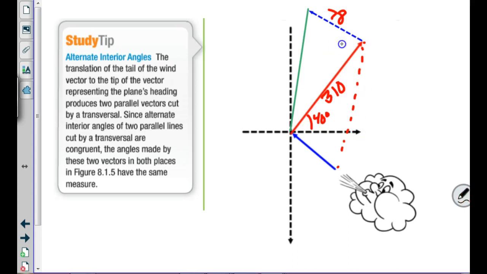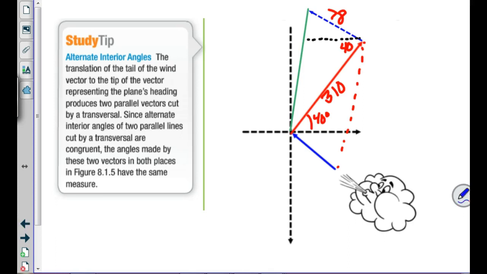Okay, if I were to put a horizontal line in here, does everybody see that this 40 would make a Z, alternate interior angles with that 40? Okay, and then this angle down below here was, is that the one we want?